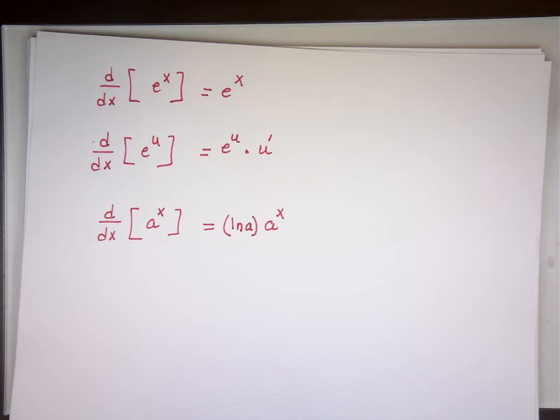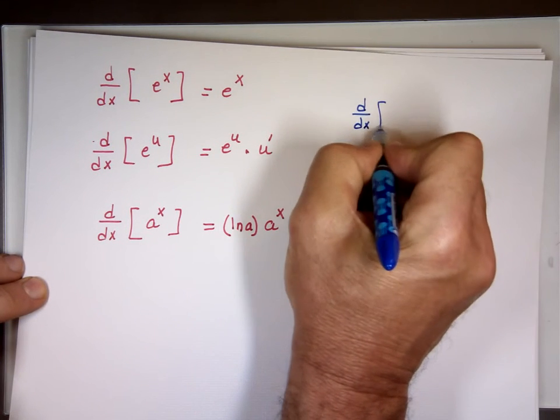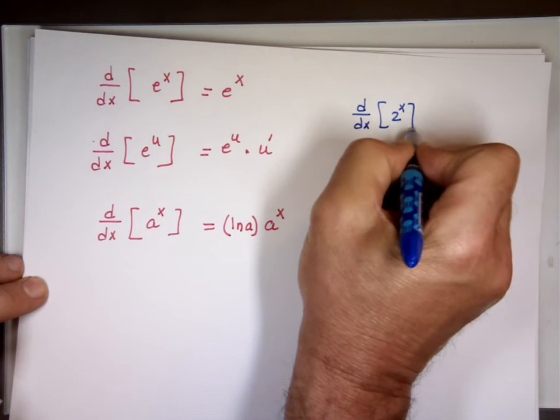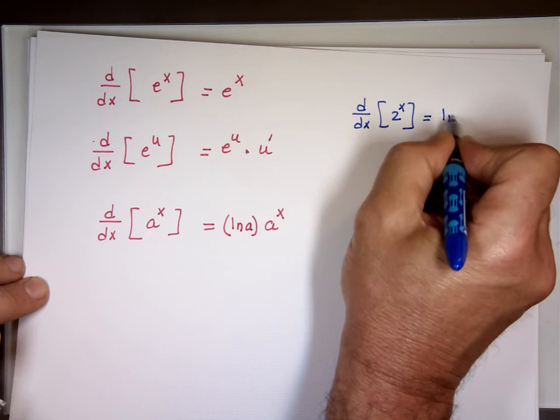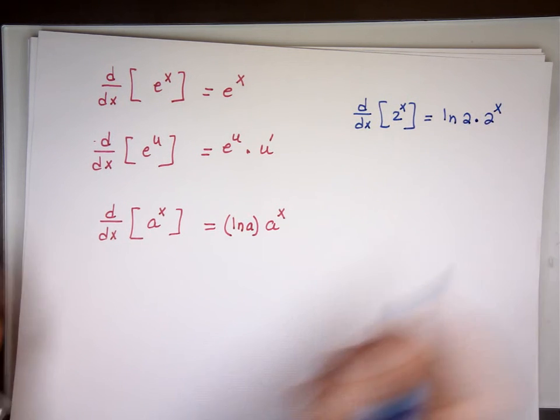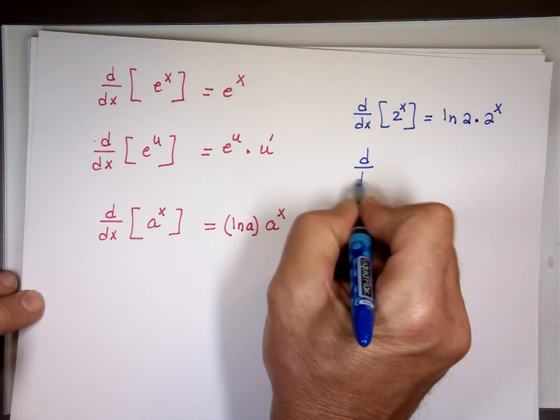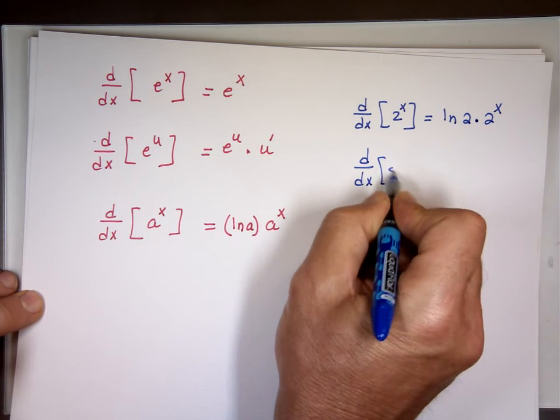So if I ask you, what is the derivative of 2 to the x? It is the natural log of 2 times 2 to the x. What is the derivative of 5 to the x?